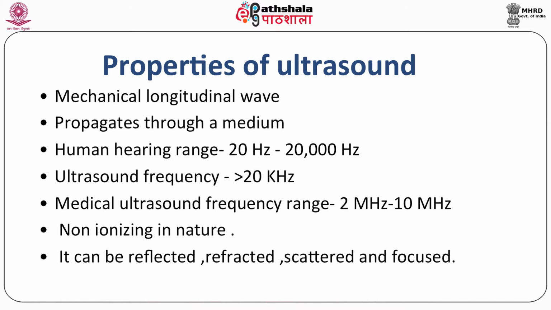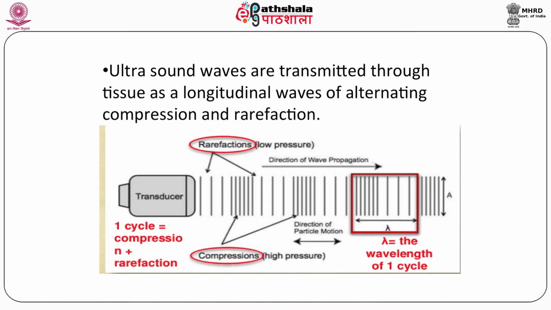Wavelength: the space between two consecutive compressions or two consecutive rarefactions, as in this figure, is called wavelength. Frequency is the number of oscillations per unit time.